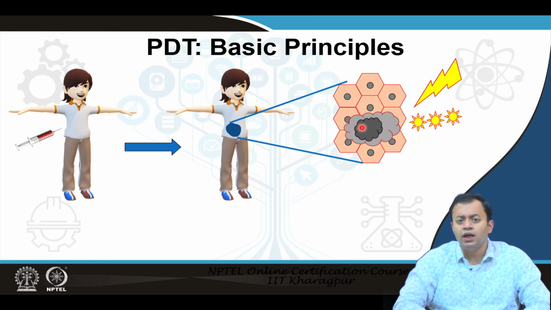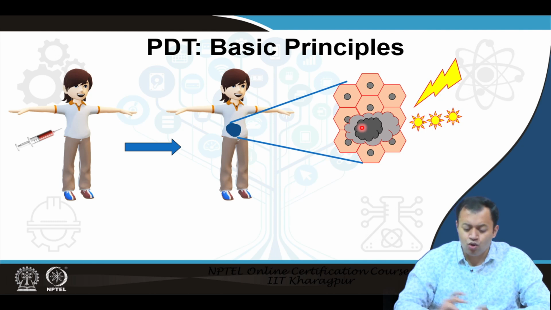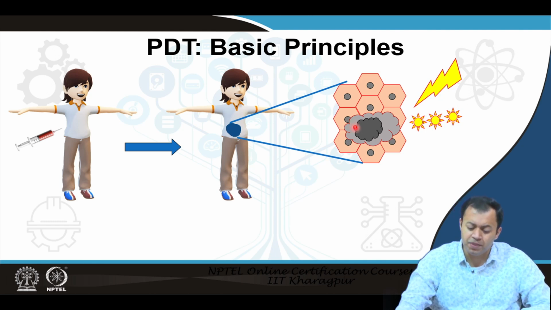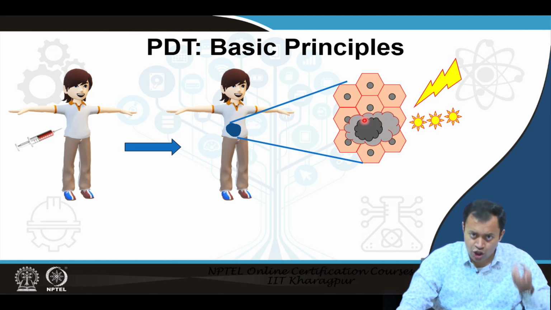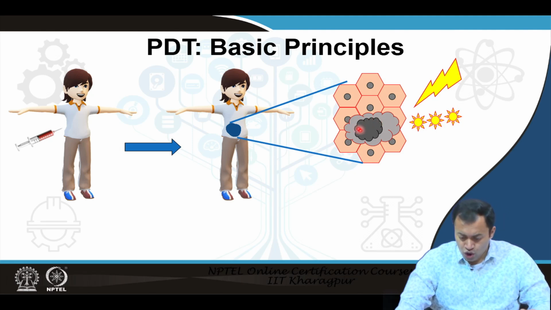These are the way in which a specific drug could be attached to very specific location of a particular region of a cell or a tissue. So, your drug has mostly been accumulating in the cancerous growth.